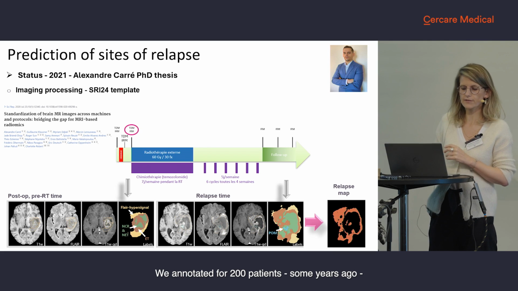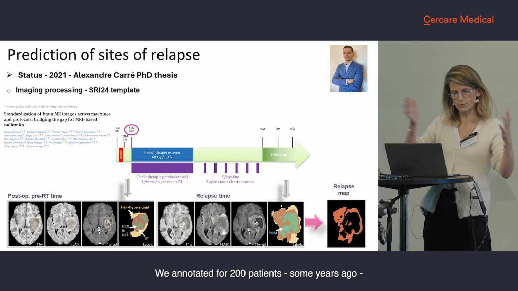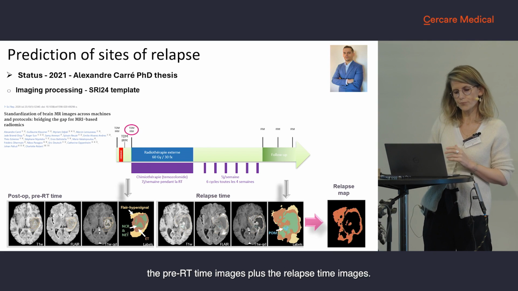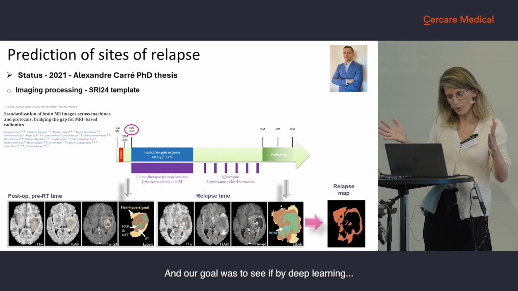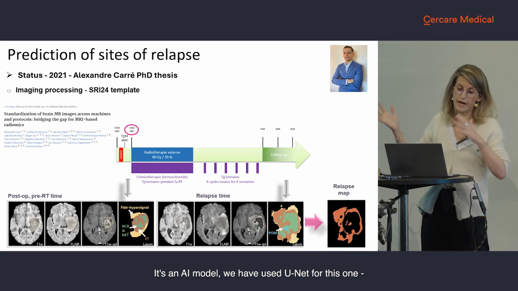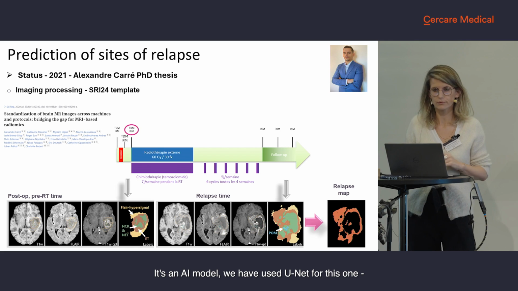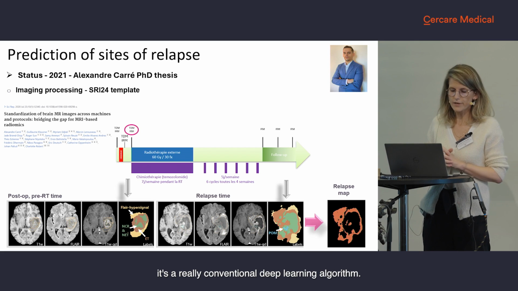We annotated 200 patients, so it was some years ago, the pre-RT time images plus the relapse time images. And our goal was to see if by deep learning, so it's an AI model, we have used UNet, a really conventional deep learning algorithm.